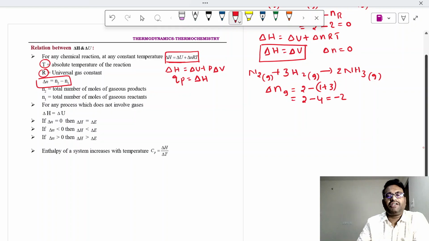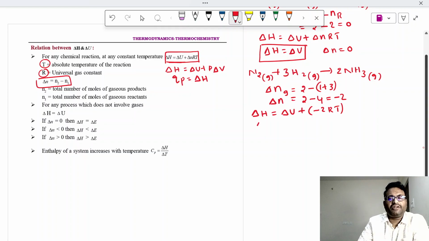So delta n is less than 0. Then delta H is equal to delta U plus minus 2 RT.